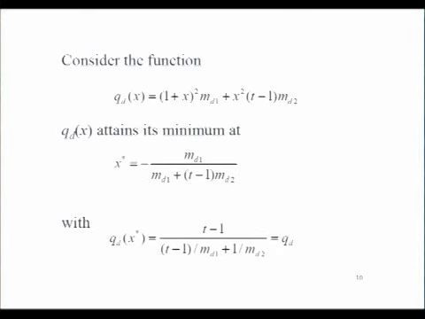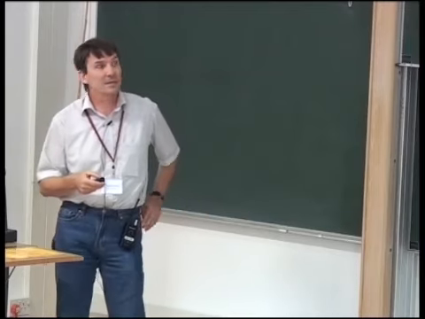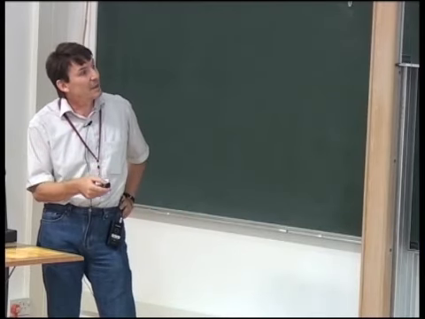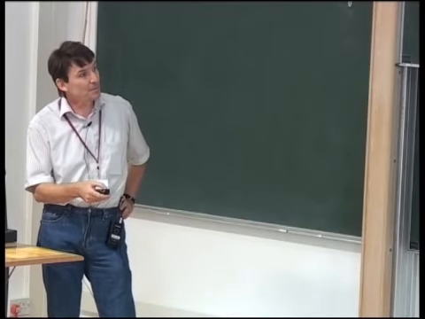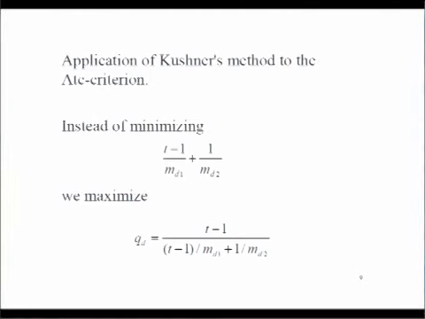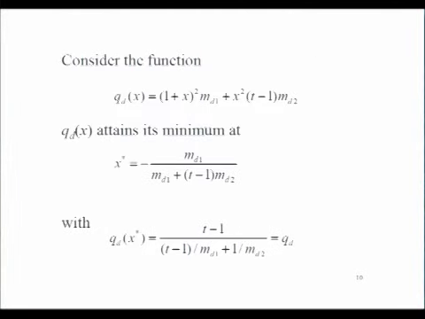And now, the interesting point with the Kushner method is that instead of minimizing the criterion directly, he introduces a quadratic function, a polynomial, and we find that this quadratic function has its minimum at this point, and the minimum of the function is exactly the thing that we want to maximize.